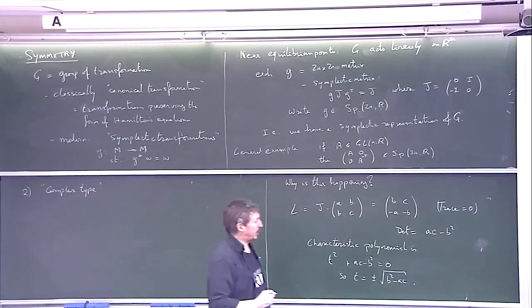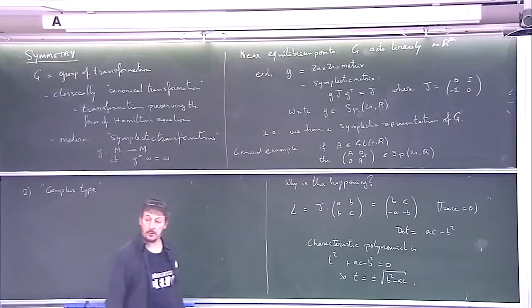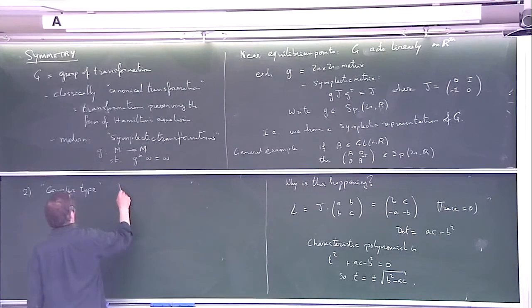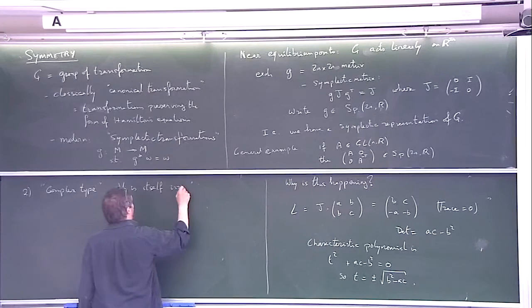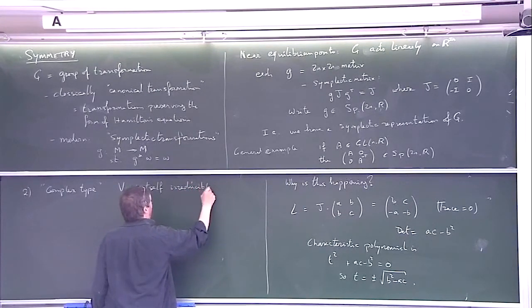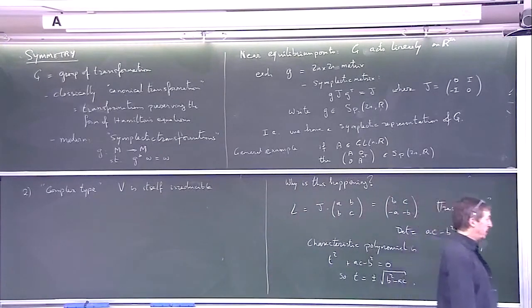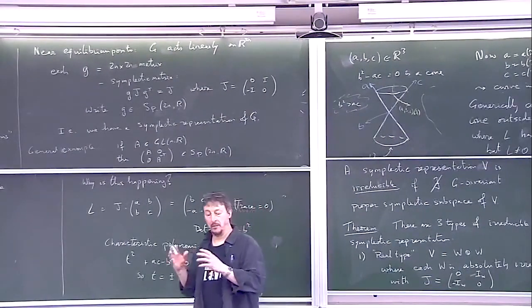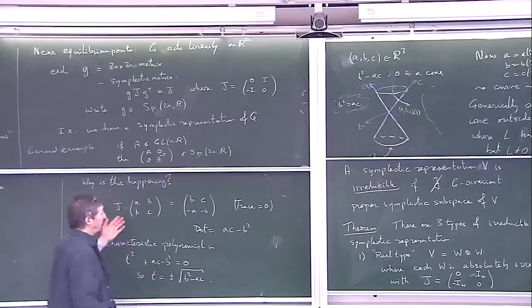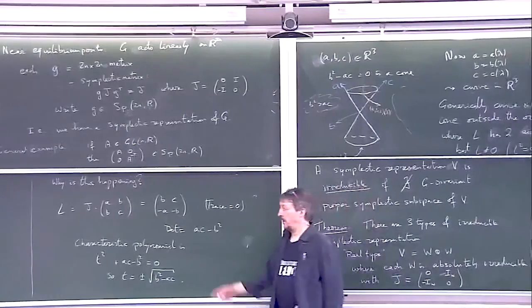Complex type, there are three types. So V doesn't split up into anything. So V is itself irreducible. Here V was not irreducible. It was irreducible as a symplectic when you take the symplectic structure or the matrix J into account. But if you forget J, it splits up into two. This one does not.